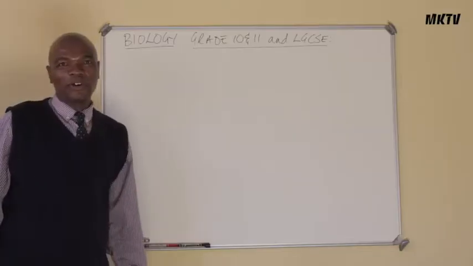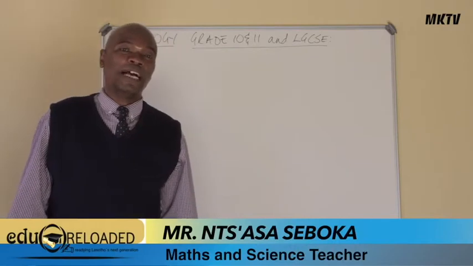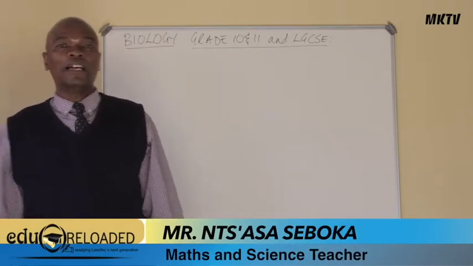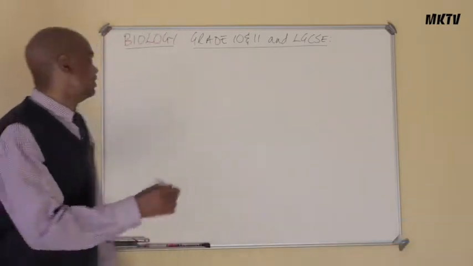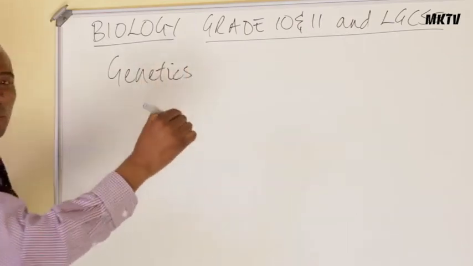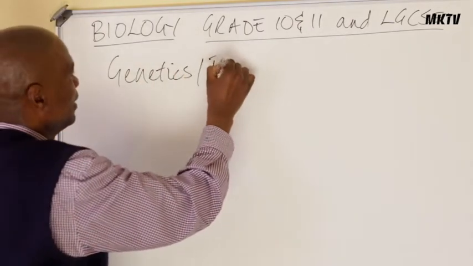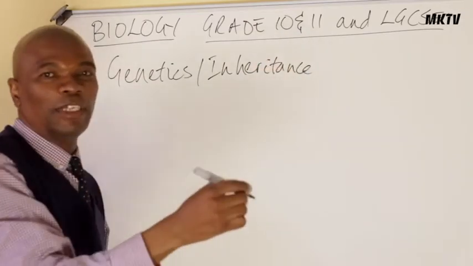As far as biology is concerned, there are so many topics, but we have decided that one topic that is a bit problematic to you is what you call genetics. Genetics, otherwise known as inheritance. Some other time they call it heredity.